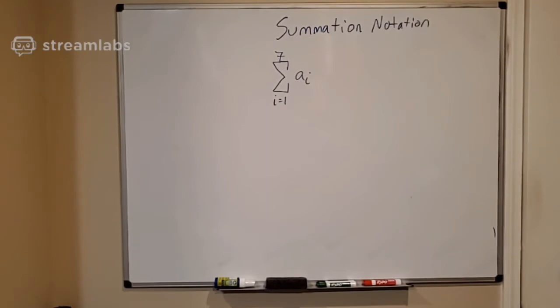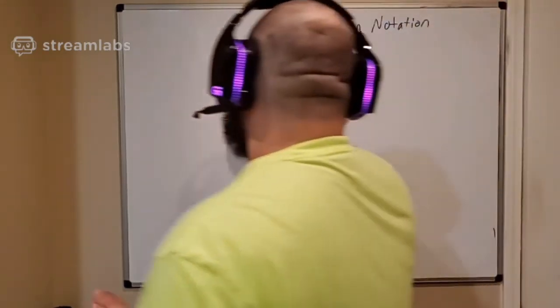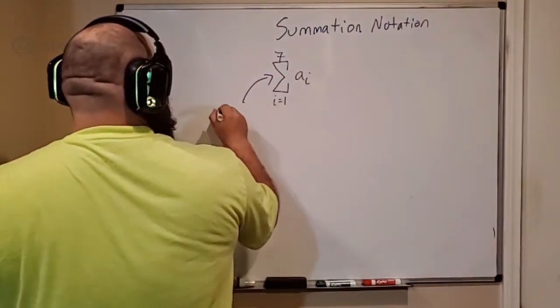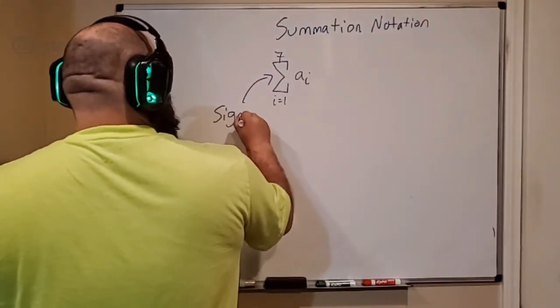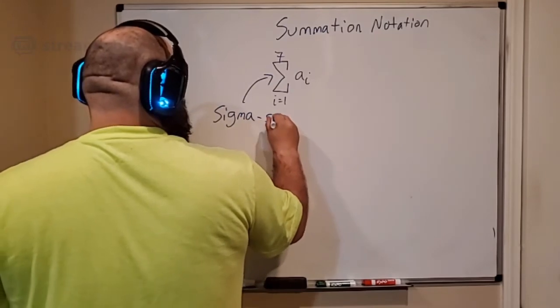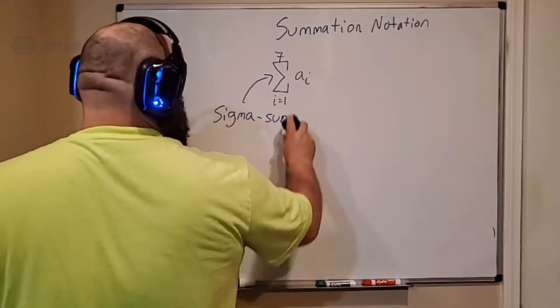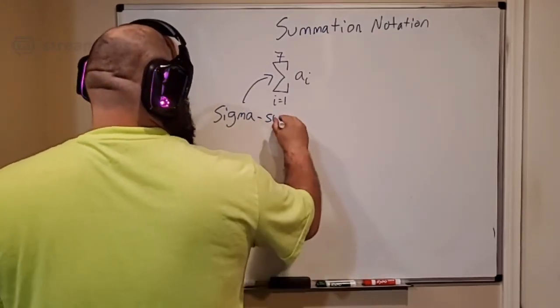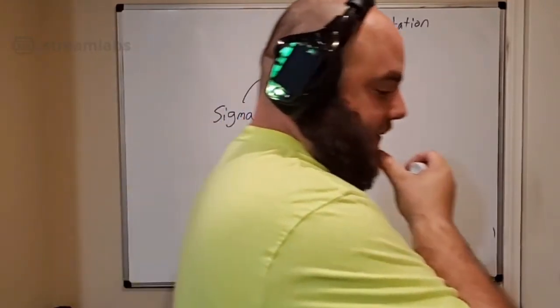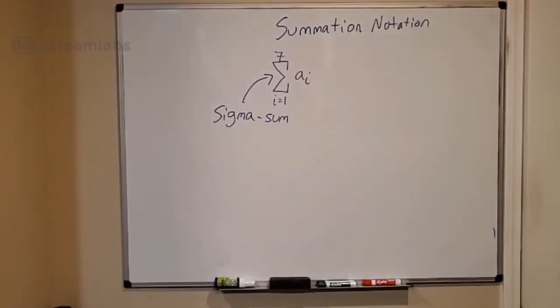Usually I get people from the sororities and stuff like that that have parents and stuff, and then at least one or two usually knows. This is a Greek capital sigma. And all it means is sum. So that means we are adding something. Okay. Actually, I'm going to move this over some so I can.